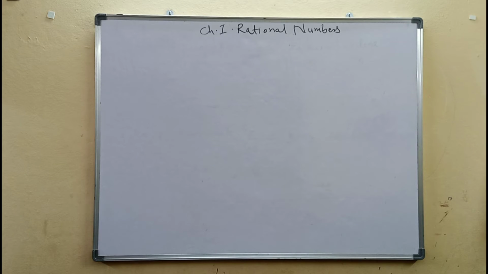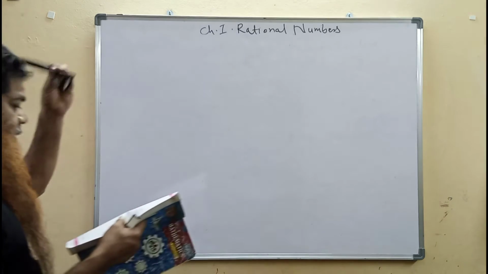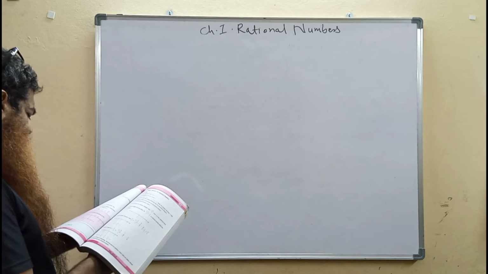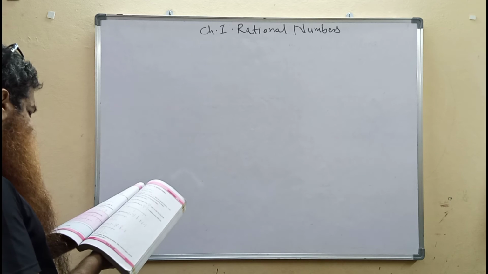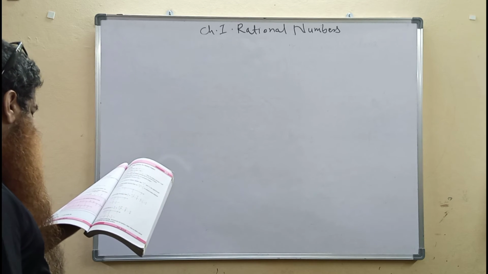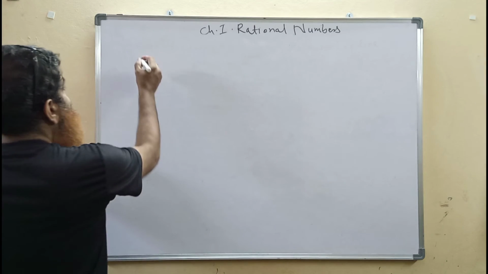After we have completed this example 6 and 7, we have tried these on page number 22, where it's asking us to write the rational numbers for the points labeled with letters on the number lines.